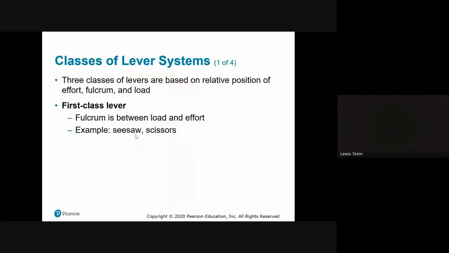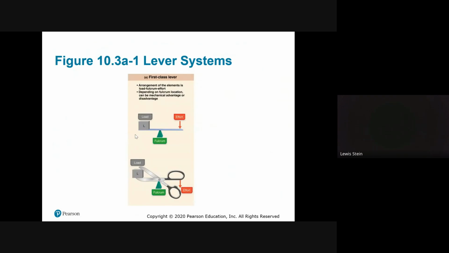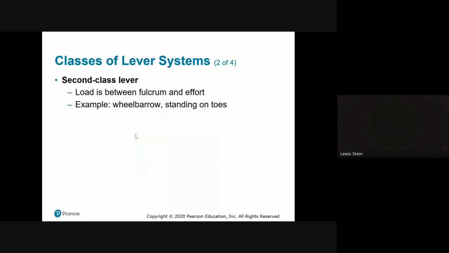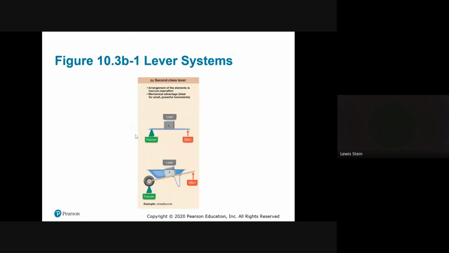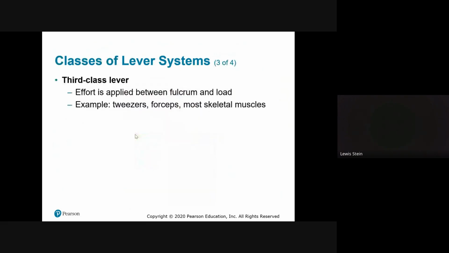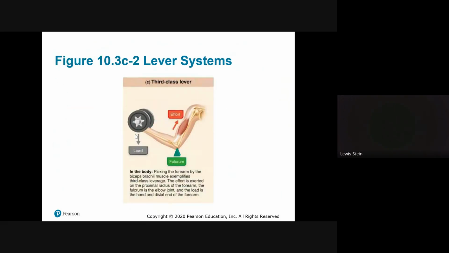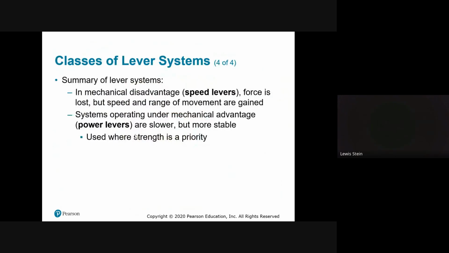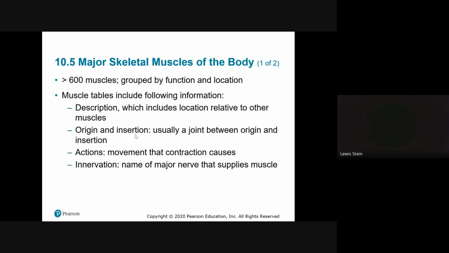Okay. So first class lever, the fulcrum is between the load and the effort. Seesaw, scissors. And you're just showing you these different things. Wheelbarrow for second class lever. There you go. Third class lever, elbow. Oh, great. Not my strong suit. I'm a little stronger here.